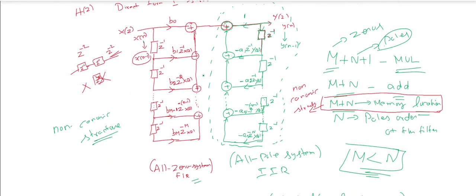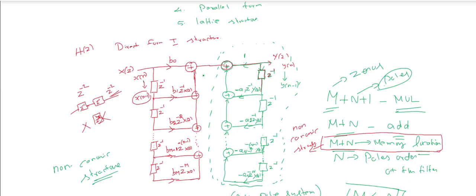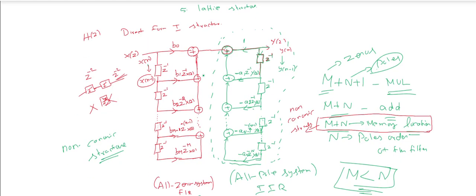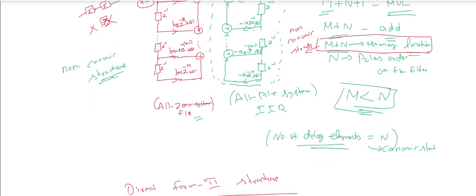In this structure we are doing rearrangements by placing the all pole system in front of the all zero system. So B naught coefficient.